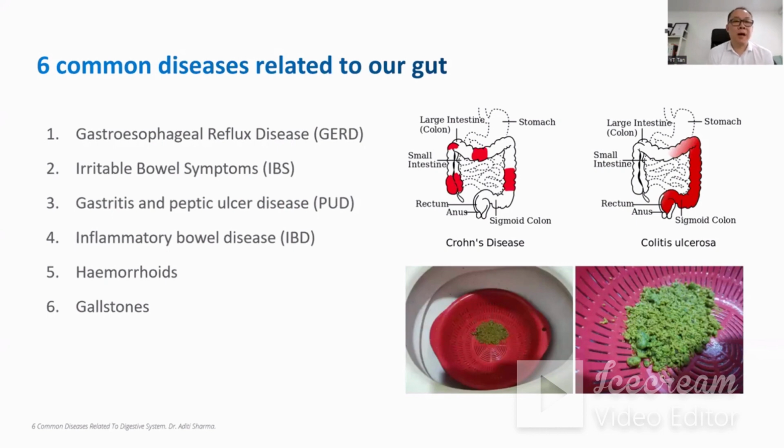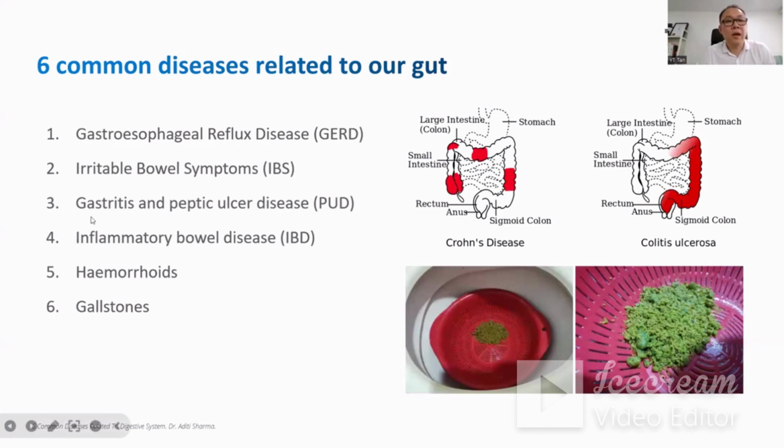And people have irritable bowel syndrome, IBS. Some have this intolerance, that intolerance. IBS mainly happens in old age people and young kids. Then we have gastritis and peptic ulcer disease, where you have an ulcer in your stomach.